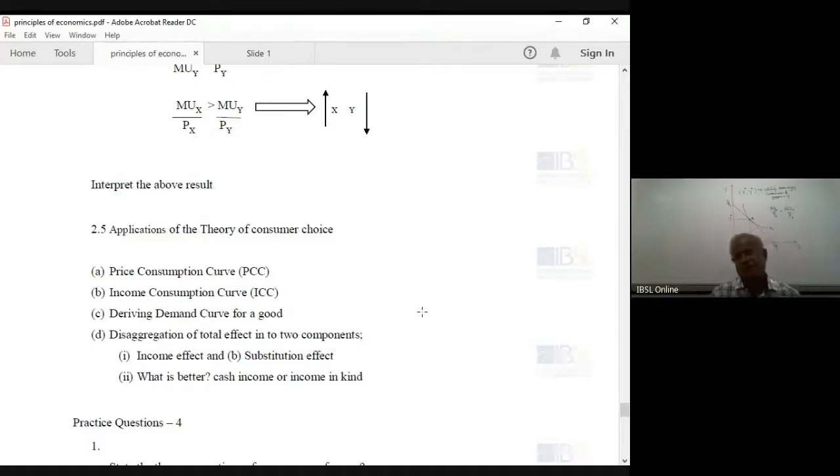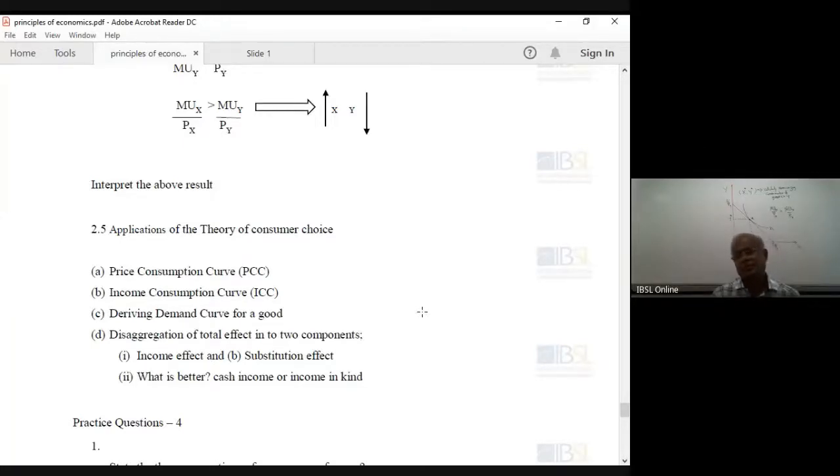Cash income. For example, in the morning, on a usual day, the father or the mother gives you some fixed amount, let's say 50 rupees, as pocket money. Or they can say, okay, we can give you some ticket, you can buy whatever you want, I will settle the bill. Food item, right?